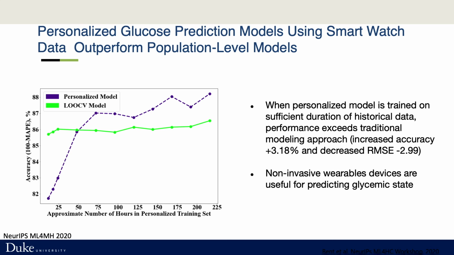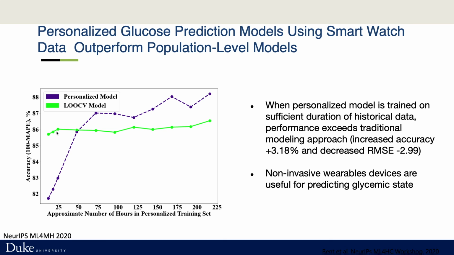And what we can see is that there's this crossover point where, when we have information from the personalized model but we don't have a lot of historical data on an individual, the accuracy of this prediction model is actually quite low. And it increases as time goes on, as we have more personalized information or more baseline data.